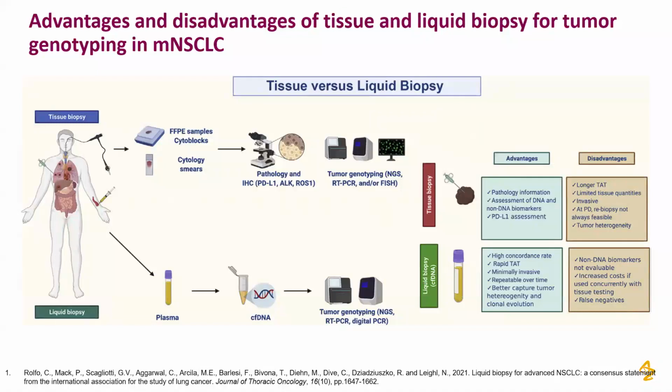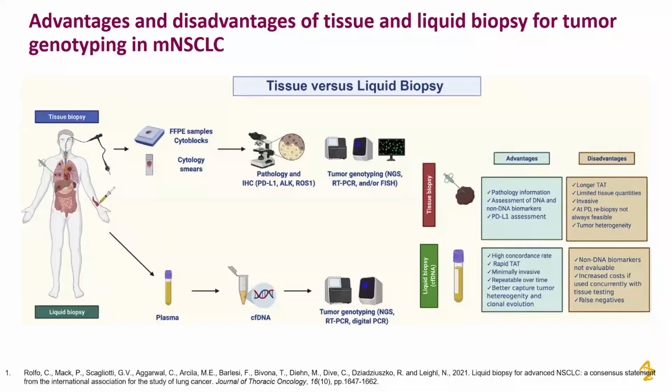So at a glance, I just want to tell the advantages and disadvantages of tissue biopsy versus liquid biopsy. As I already told, histopathological classification and assessment of DNA and non-DNA biomarkers can be done with tissue biopsy. Why?